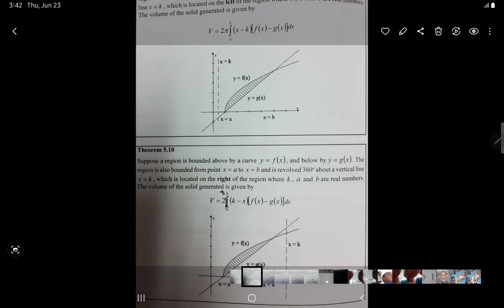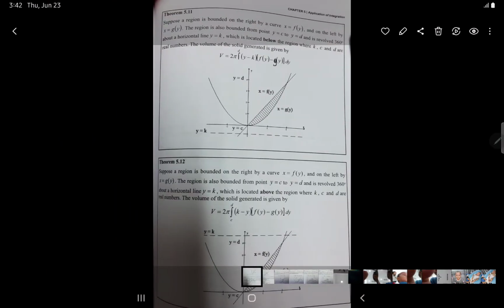Then we use the second theorem if the axis of revolution is vertical and located on the right side of the shaded region.